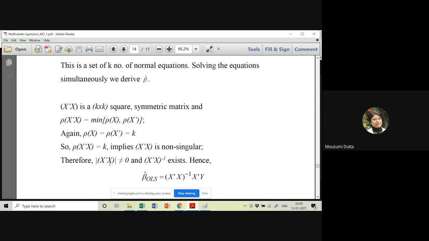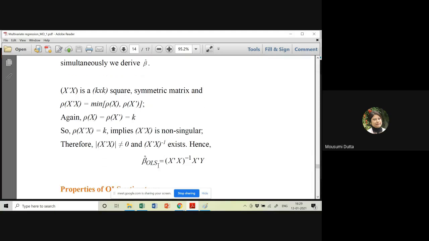So the determinant of x prime x exists, and therefore x prime x inverse exists. So beta hat vector OLS can be presented by x prime x inverse x prime y.